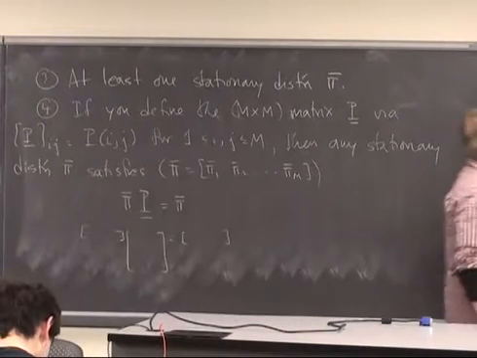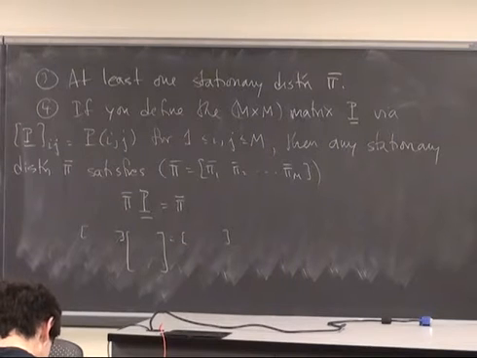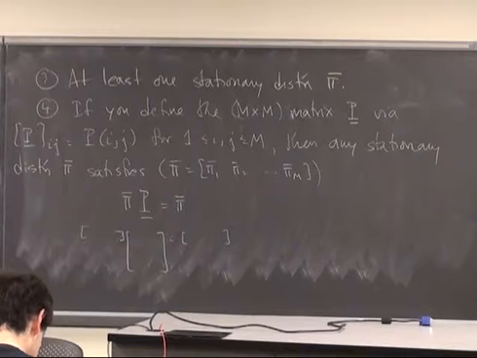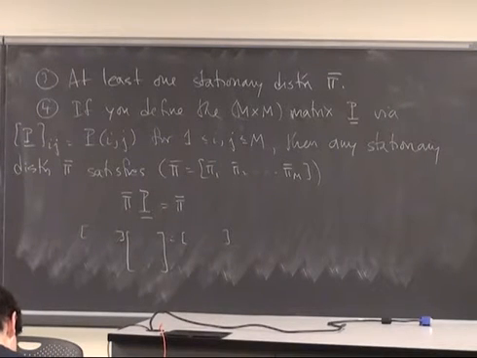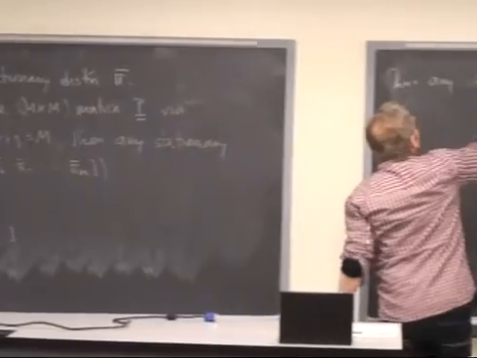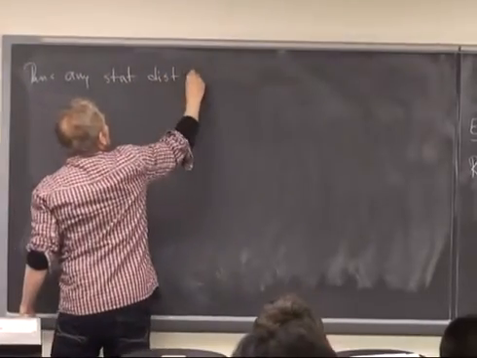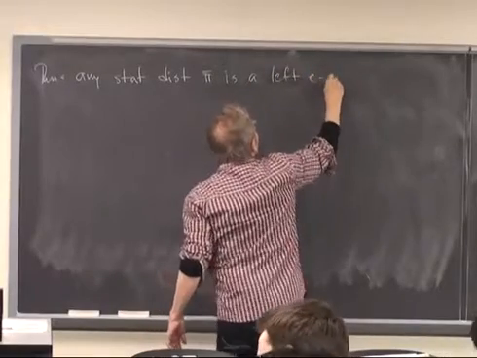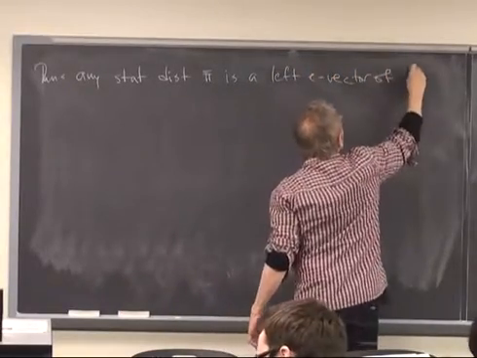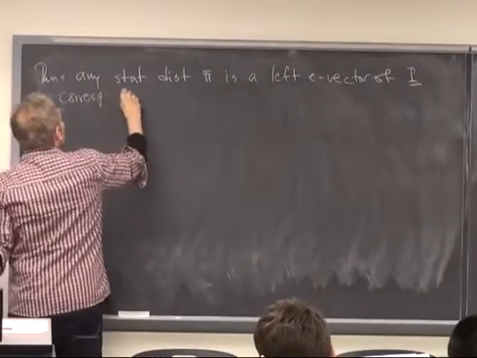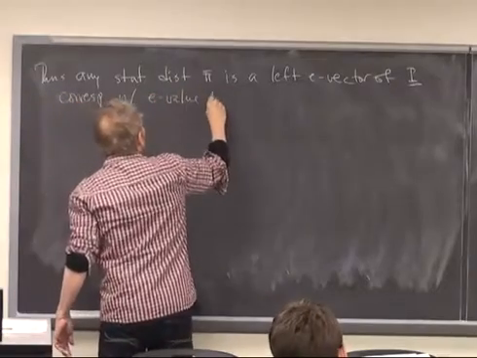So that is to say, the stationary distributions are all the left eigenvectors of P, at least all the ones whose entries are non-negative and sum to 1, corresponding to eigenvalue 1. So thus, any stationary distribution pi bar is what we call a left eigenvector of matrix P, corresponding with eigenvalue 1.